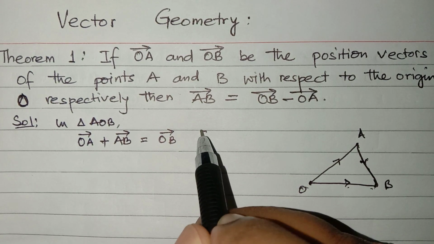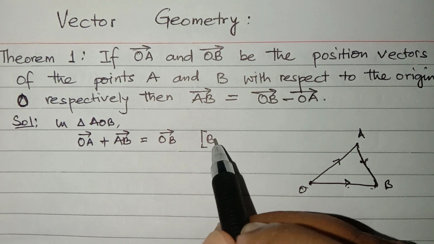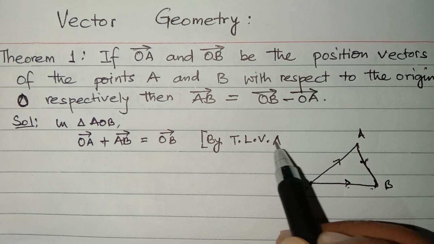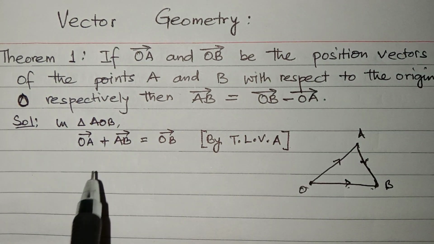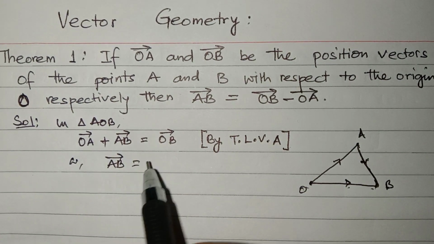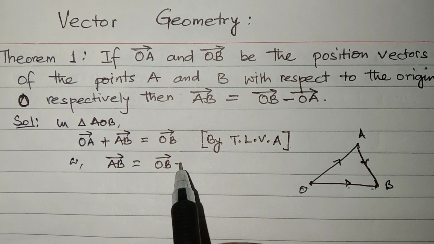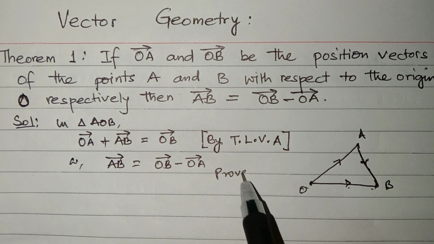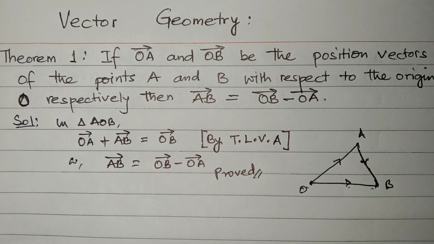This is by the triangle law of vector addition. And from here, I can say that vector AB is equal to vector OB minus vector OA. It is now proved. It was so easy. Now let's check the second theorem.